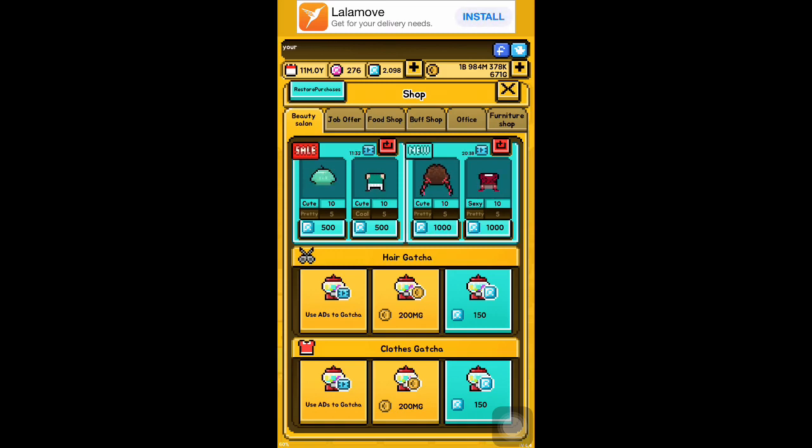And here you get to get the hair and clothes, because you have to meet stats to actually get the concept of your album into a really good concept. So you need to have the skills of the hair and clothes. I suggest you use ads to gacha on both hair and clothes, so you can get what you want.